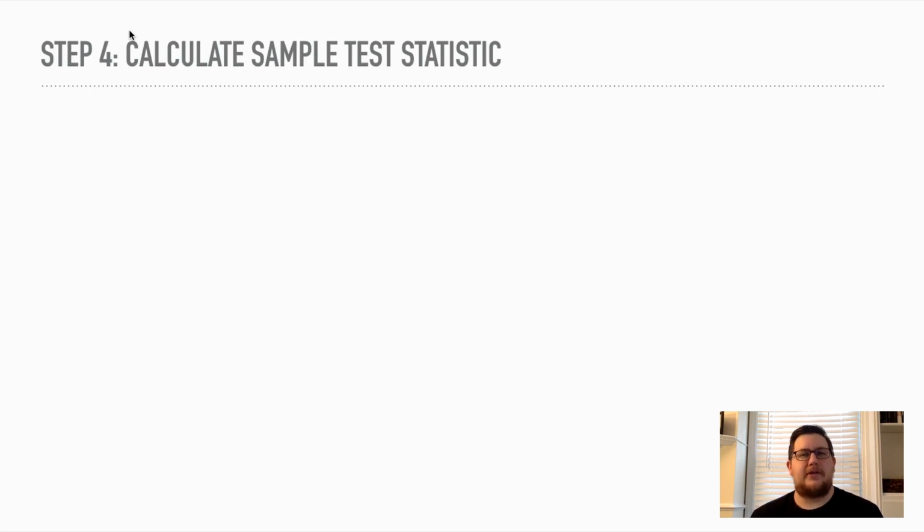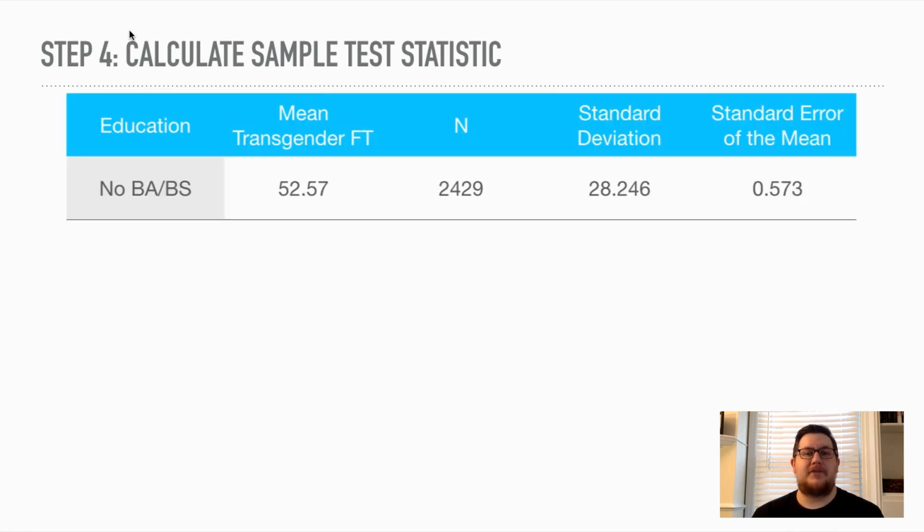In order to calculate it, let's work with some data. All right. So I went into the ANES and I pulled out those with and without college degrees, and I looked at their mean transgender feeling thermometer. So those without bachelor's degrees have a mean transgender feeling thermometer of 52.57. There are 2,429 people in the sample who fit that category of not having a college degree and who answered this question.